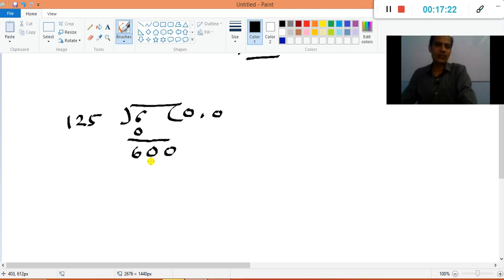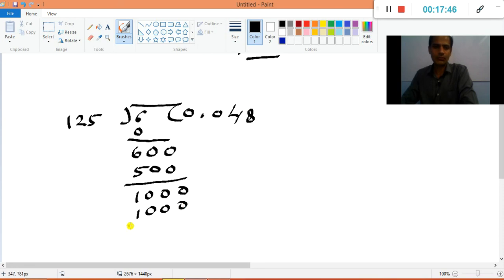So you can see that 600 is divisible by 125 as it is a bigger number, so it divides 4 times and it is 4 5 are 20, 4 2 are 8, it is 48 plus 2 50. Now after subtraction we have 100, take one more 0 and 125 8 ja 1000, okay, and remainder is 0, so the answer is 0.048. So I have explained two methods regarding this question and the answer is 0.048. Okay, note it down.